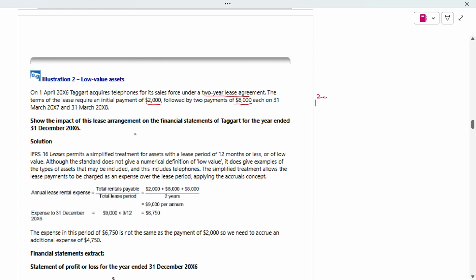Means first year it will be 2,000, the second year 8,000, and the third year 8,000. This is year 1, year 2, year 3. So the impact of this arrangement on the financial statements for the year end.